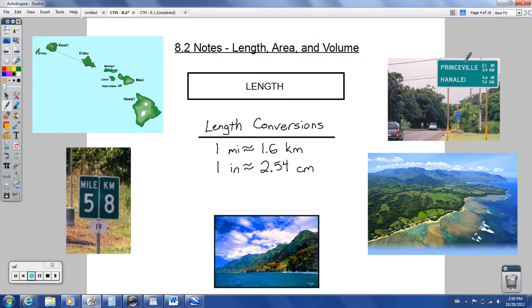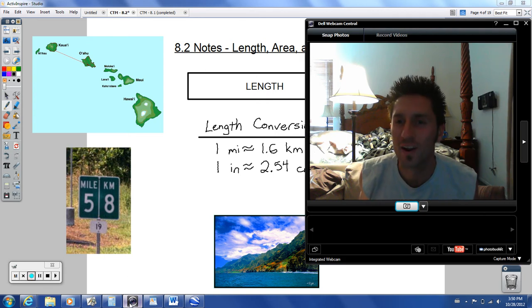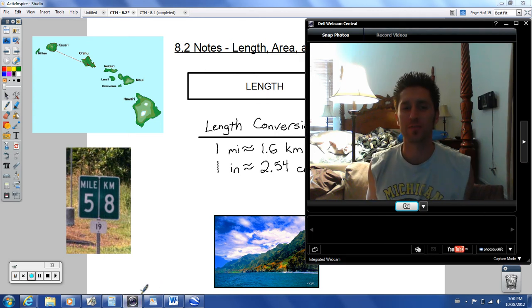And then I remember going past these, and I saw this stuff. Oh my gosh! Princeville, Hanalei, beautiful coastline here. And then if you keep going and driving around the north side of Kauai, which is this island right here, you can hike along the coast. Whoa! That was one of my favorite day hikes I've ever done.